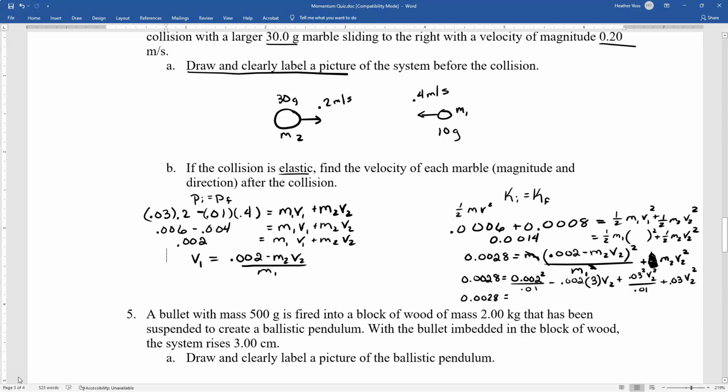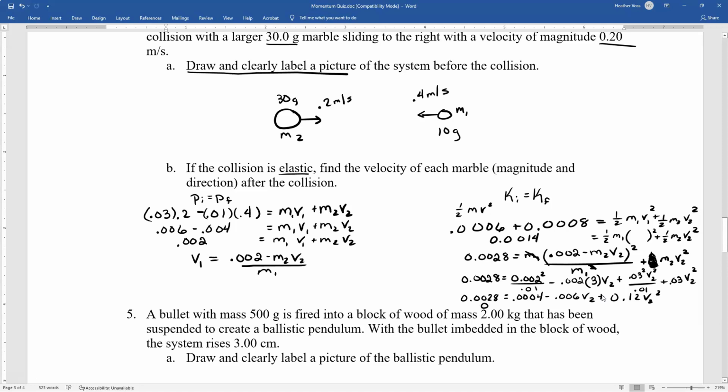So let me pull out the calculator one more time. Okay, so when we combine these two terms, we end up with 0.12 velocity 2 squared. So you can see that we're really quickly getting into that quadratic equation form. So we're going to subtract this over.